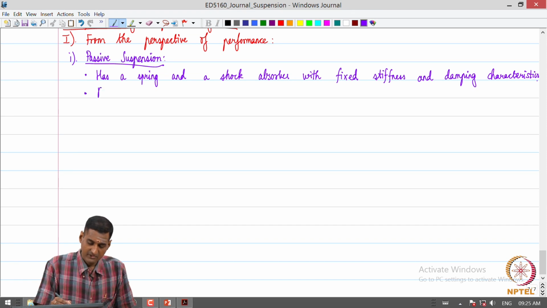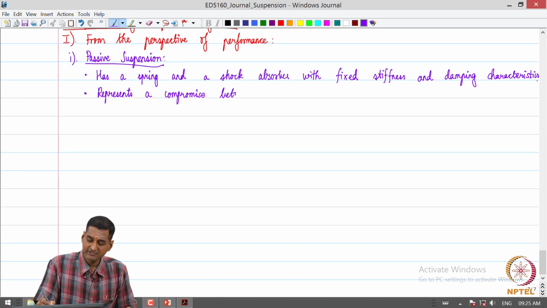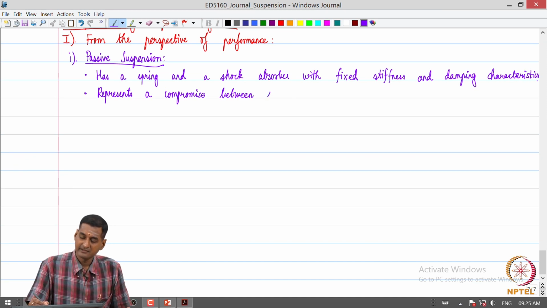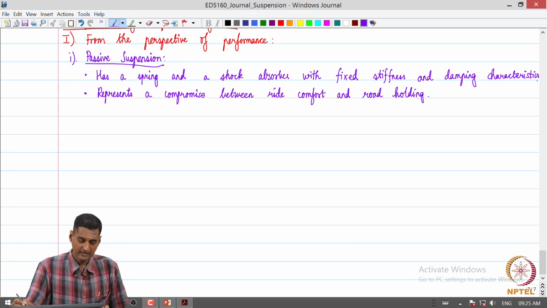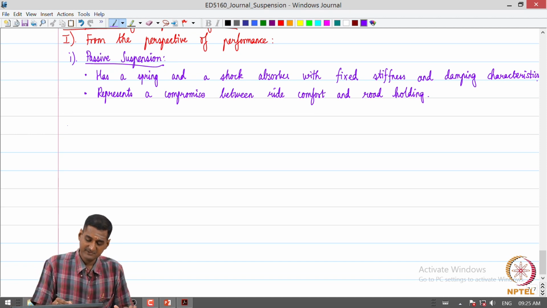Obviously it represents a trade off or compromise between ride comfort, road holding and other functions of a suspension. So, that is a passive suspension.